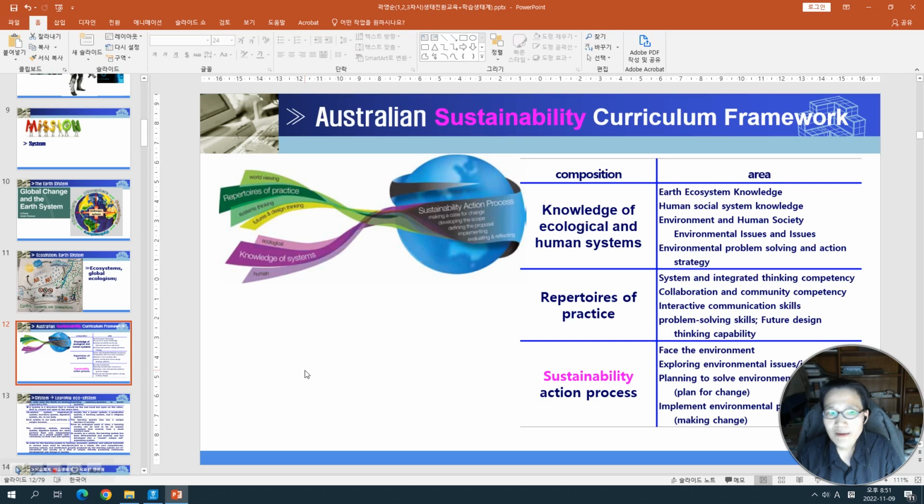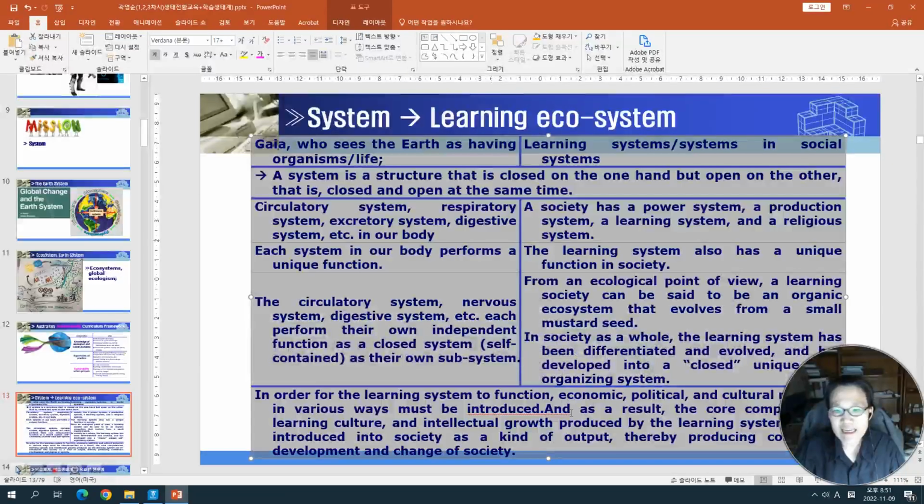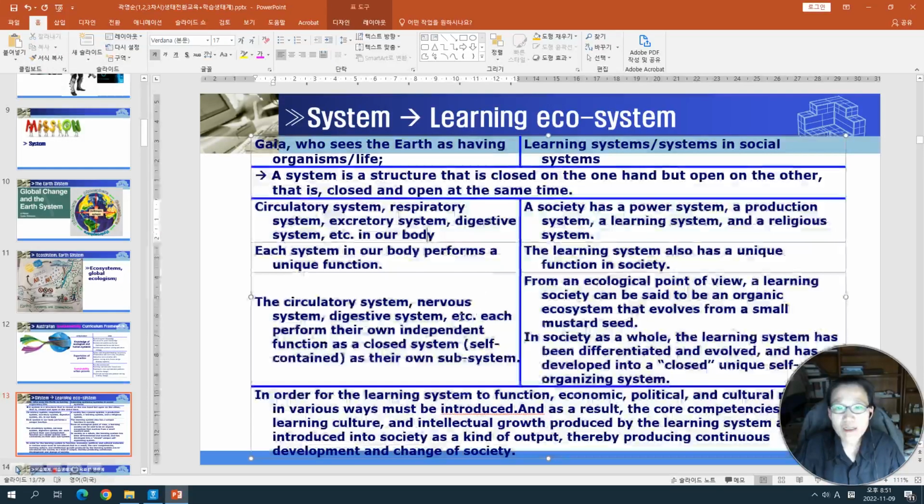So whenever you need to solve some problem with the system, you need to shift your approach. Since we are moving toward Gaia, a system is a structure that is closed on the one hand, but also open on the other hand, closed as well as open at the same time, right?